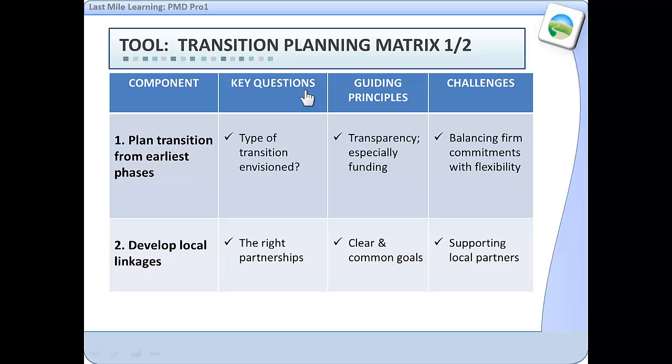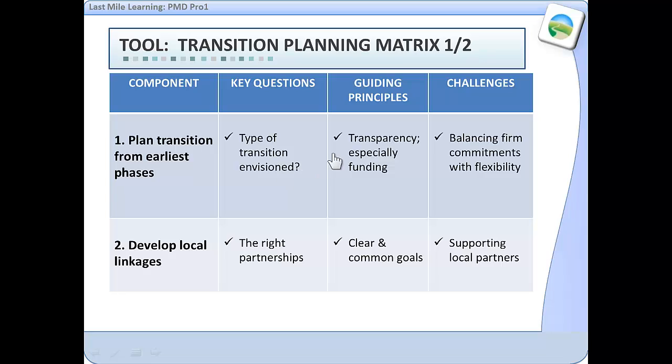Now, a tool that might be used in the transition phase is called the Transition Planning Matrix. I think there are actually 3 slides here that go over this matrix. Some of the components that you'll be looking for is that you plan transition from the earliest phases. So transition really should be part of identification and design and on through the project.